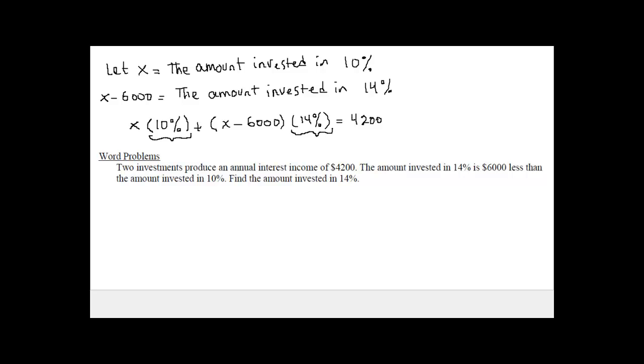I think you multiply the x with the 10%, and you also do it to the 14% with the x minus 6,000. So let's convert 10% to the decimal. Divide this by 100, that will give me 0.1. And 14% divide 100 into 14, they give you 0.14. And then now we can distribute here.